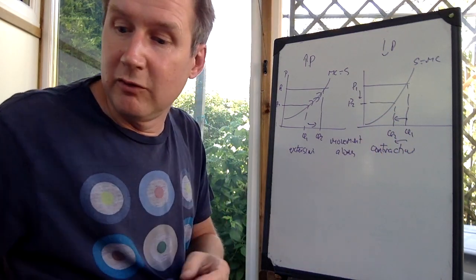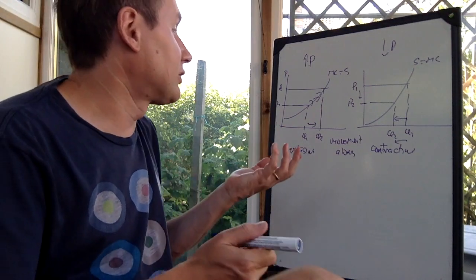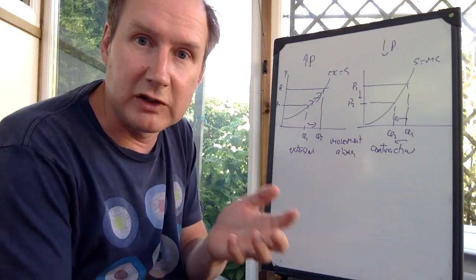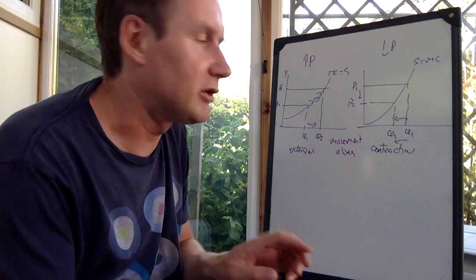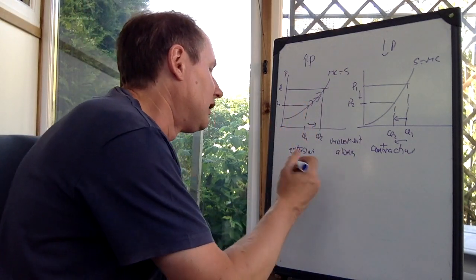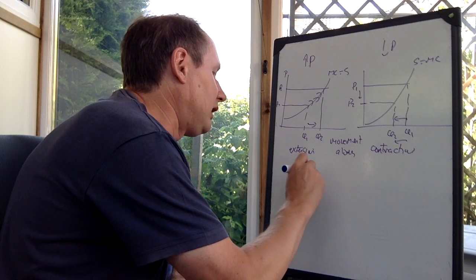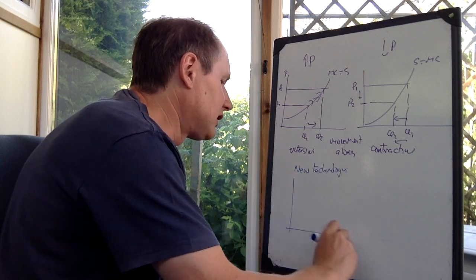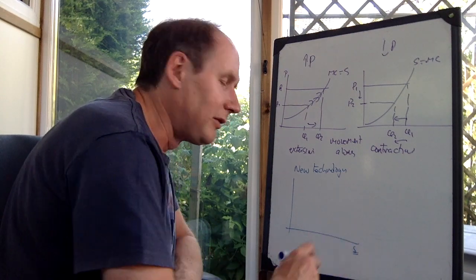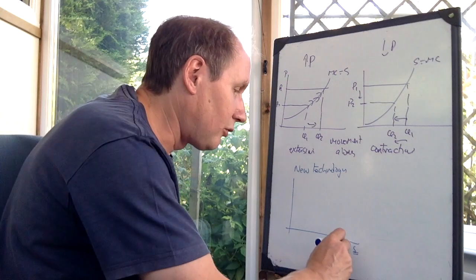Or alternatively, there could be some sort of change other than price. One of the things that we've assumed constant, sometimes called ceteris paribus factors. An example might be new technology. So an increase in supply, remember, supply is measured here, so that's quantity supplied.